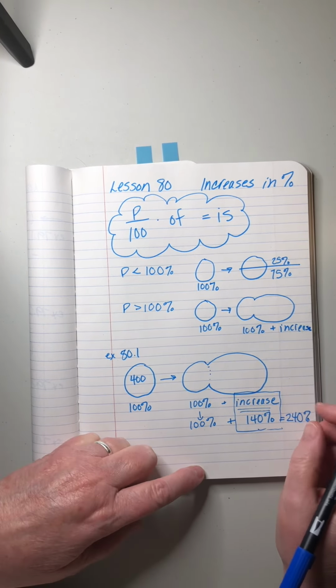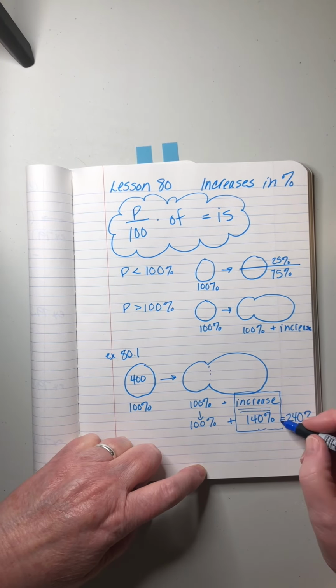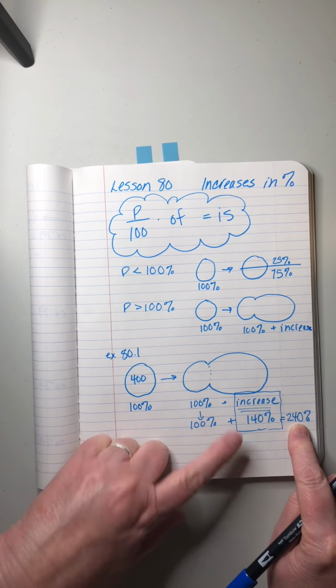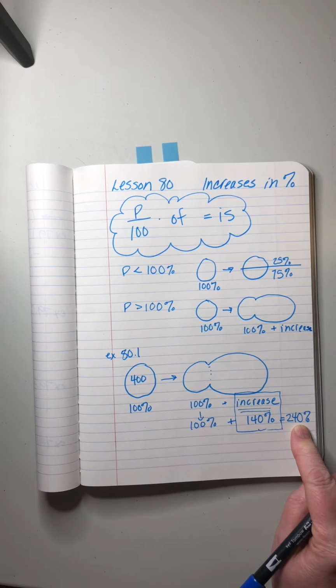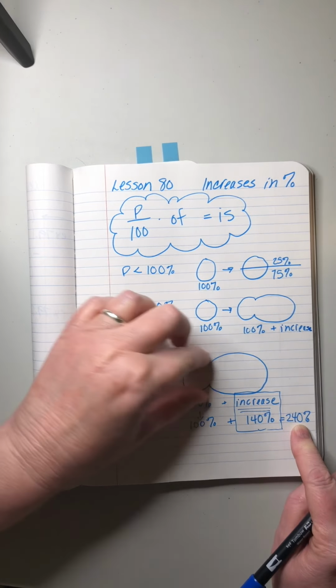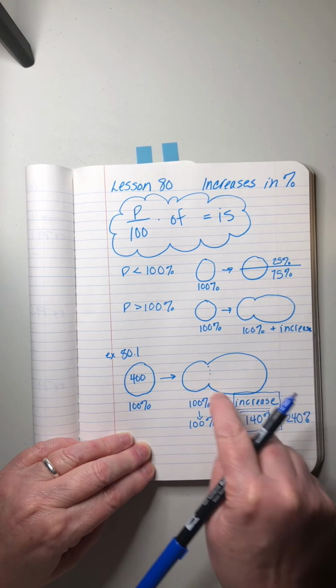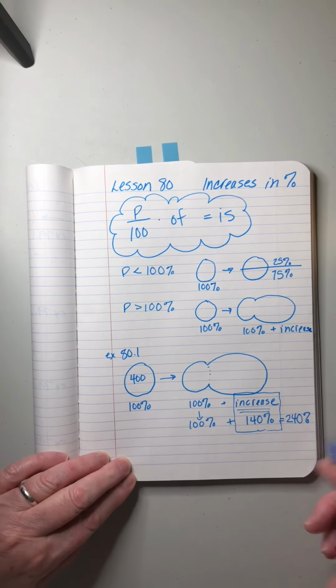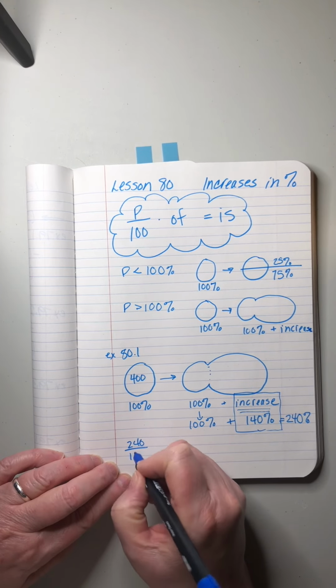He said the rodent population had increased 140%. So in order to get the total percent of this ending group, we have to add those two together. And again, the picture helps us identify that. This is the original 100%, and then this is the increase. So we add them. We use this percent, 240, over 100.